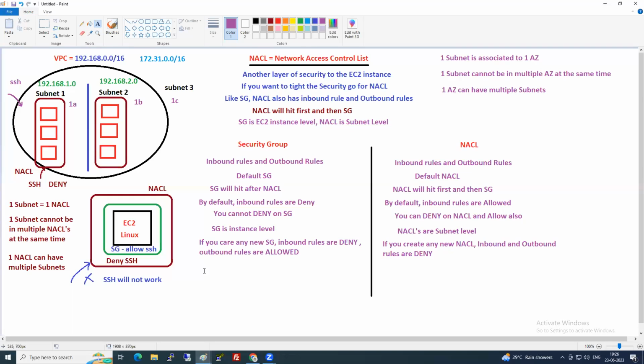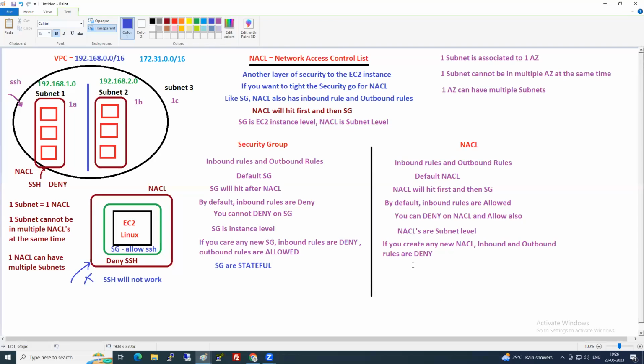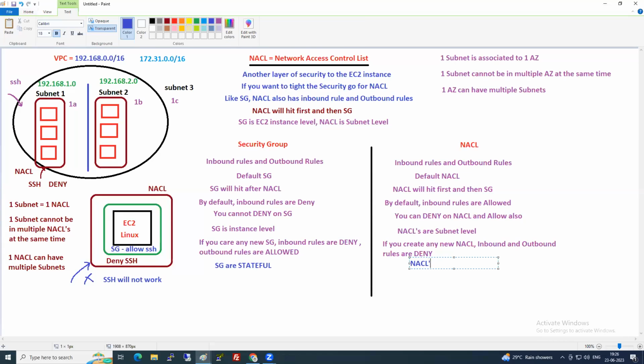Security groups are stateful or stateless? Now do you confuse? No. NACLs are? If you allow any inbound rule on a security group, you need not allow it on the outbound rule.